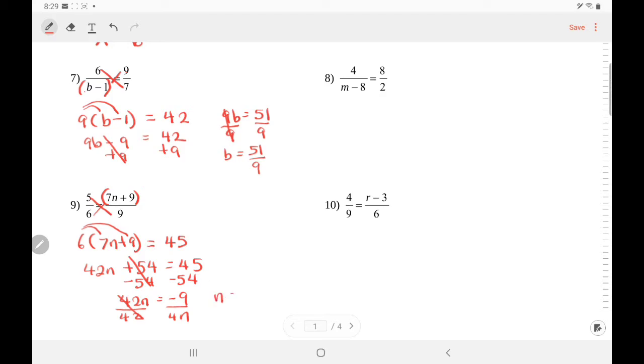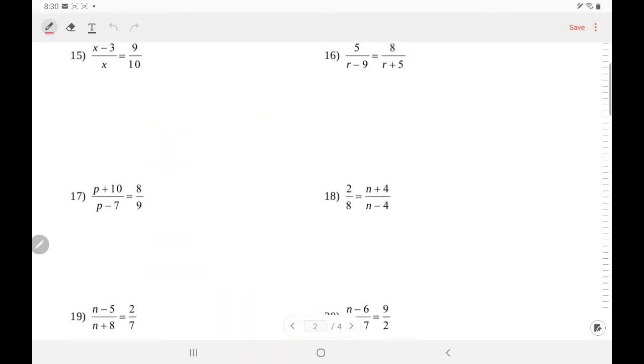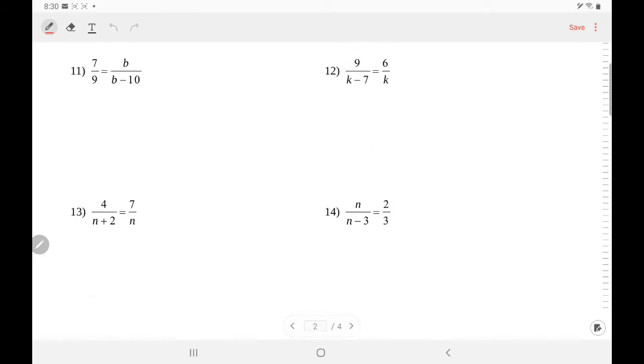So n equals, that should be a 42 here. Both 9 and 42 are both divisible by 3. So I'm going to divide by 3 to get negative 3. And dividing by 3, I would have 14. So let's go to the next page and do some that are a little bit more involved.